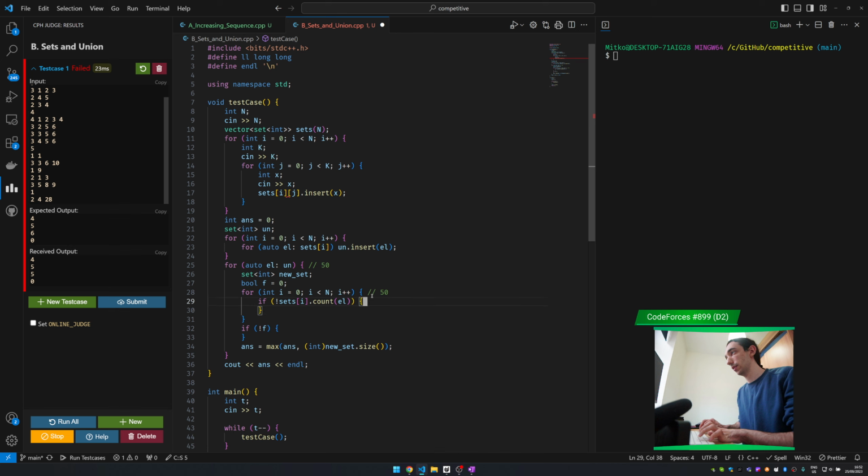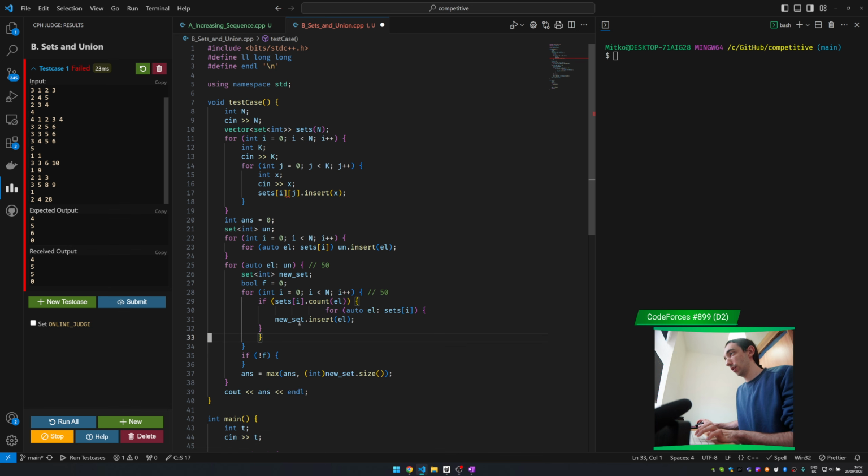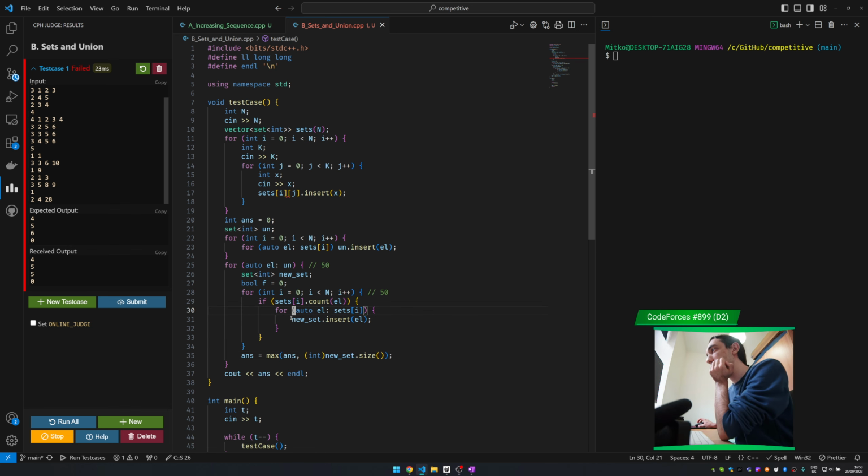Here, if it's not counted, then we want to break. So if it's not counted inside of the set, then we want all of the elements to be inserted. So this is times 50 and this is times 100.